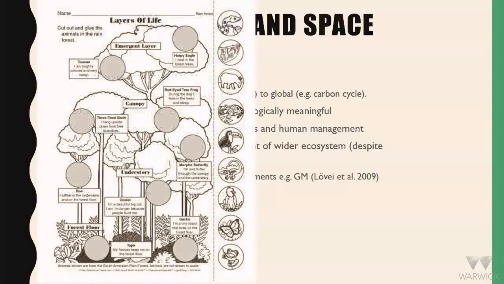I want you to think about the world as a 3D world. So not just looking down on a map, thinking about spatial arrangements, but imagining ourselves standing in the environment, looking up and down and left and right, 360 degrees. So if we take the example of a forest, did anyone do ecological principles?